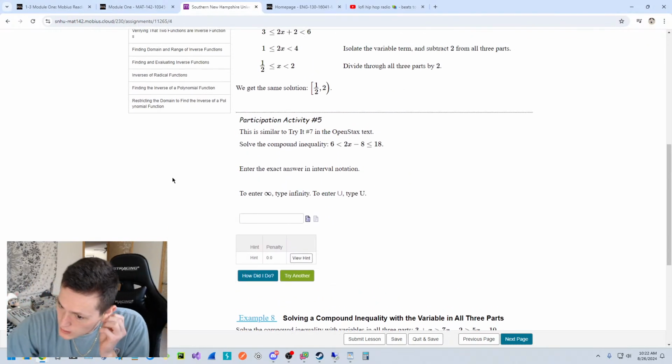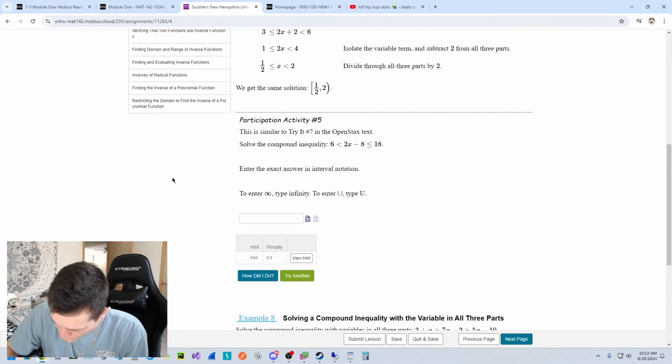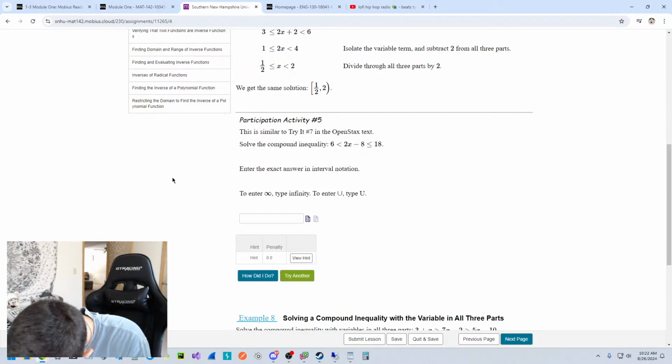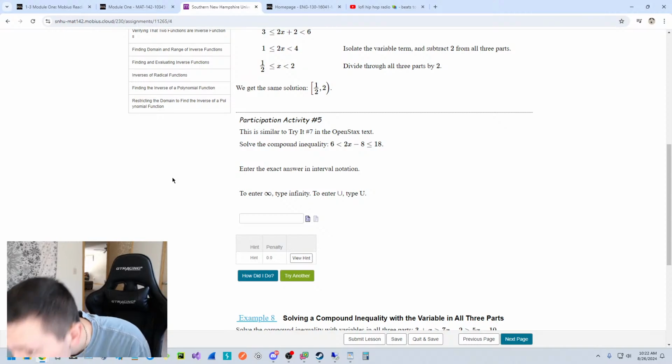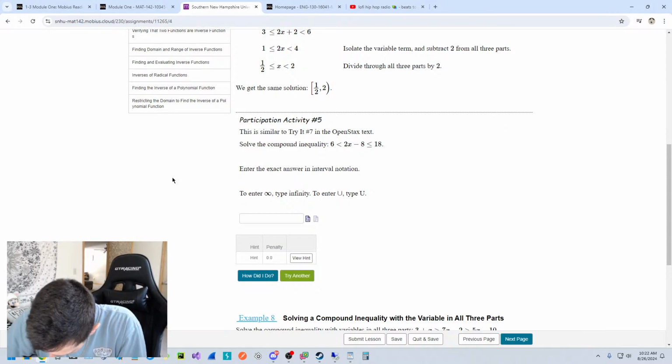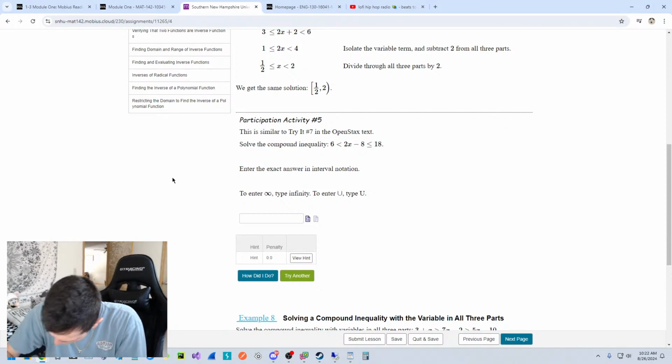I'm only going to do one method. I'm not doing both. I'm only going to solve it as I go.